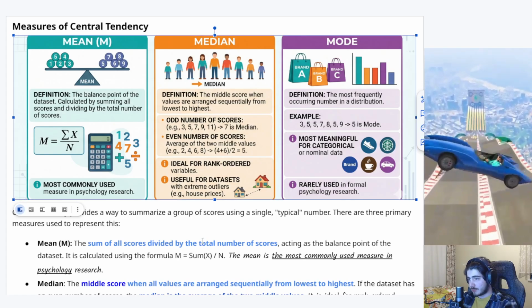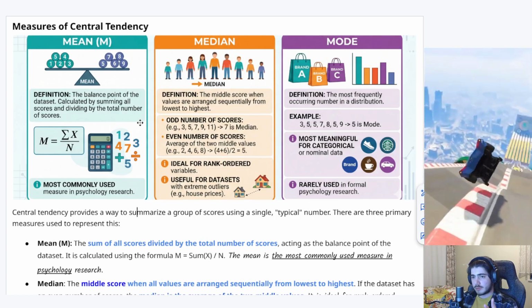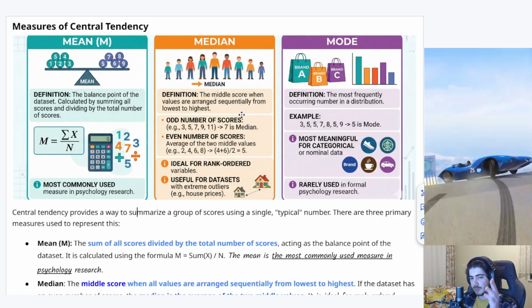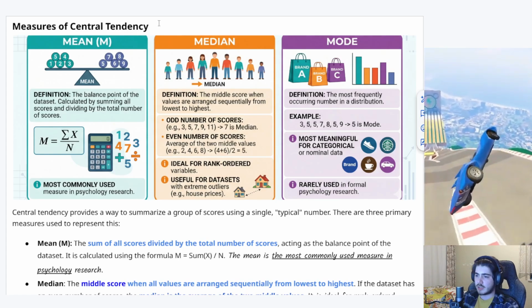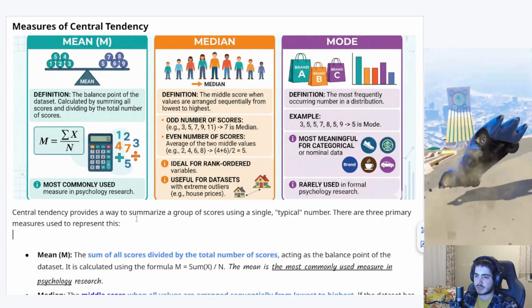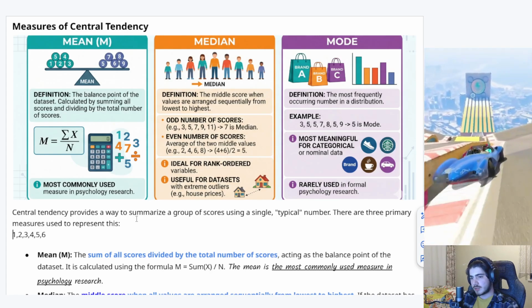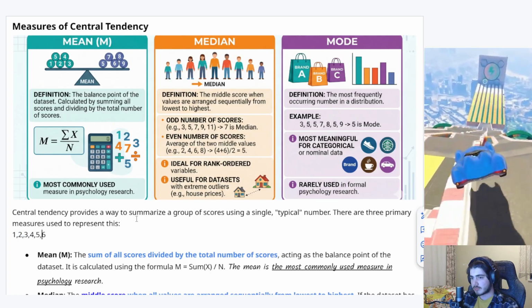The median is, for example, you have data that is 1, 2, 3, 4, 5, 6. Let me just write it out, actually. 1, 2, 3, 4, 5, 6. Now, you can see how there are 6 total values here.